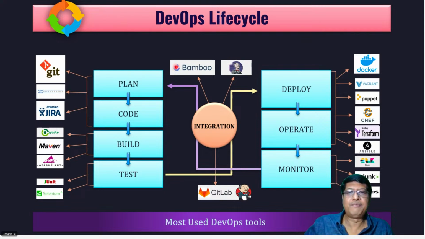You are everywhere, because you know Git, you know Jira, you know Maven, you know Selenium, you know GitLab or Jenkins, you know Docker, you know Terraform, you know Ansible, maybe you know Nagios as well. So these are the various important DevOps tools.